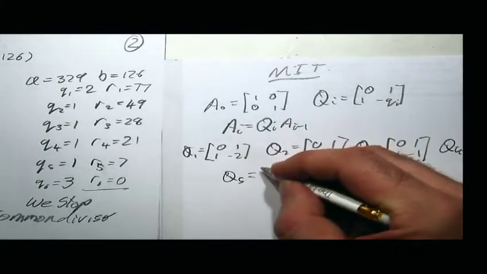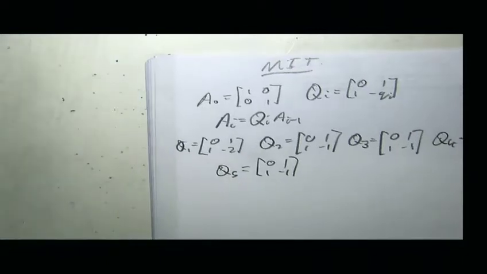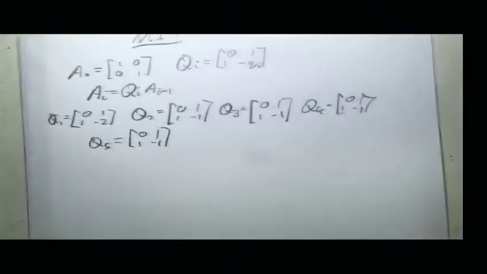Q5 is equal to 0, 1, 1 minus 1. There is no Q6 because my remainder is 0, so we stopped. If I go ahead and do this, it will be a long, tedious calculation which I will give up on at some point.